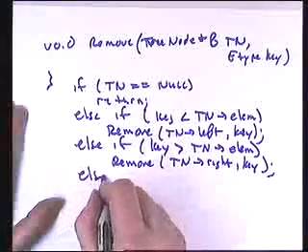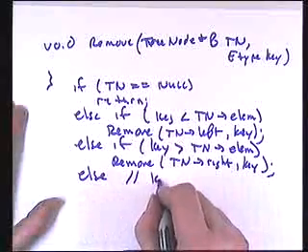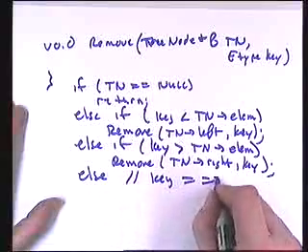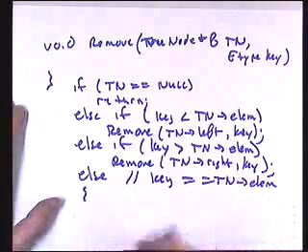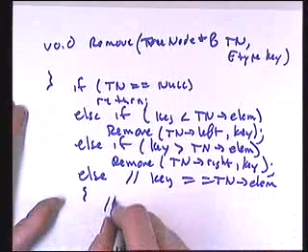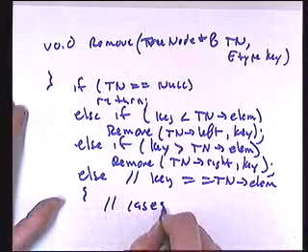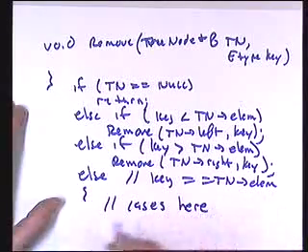And otherwise, the only other possibility is that key is equal to tn element. And that means we found the value we want to remove, and then we put our cases here. And I'll leave that as an exercise for the reader.